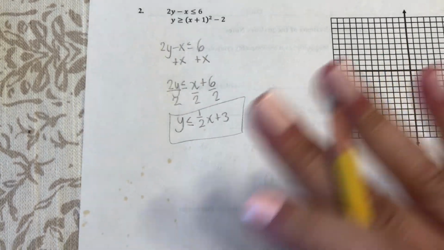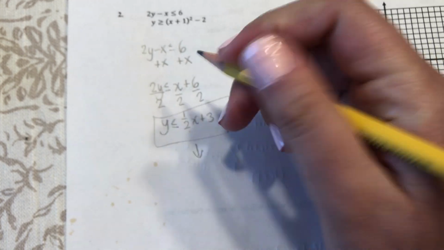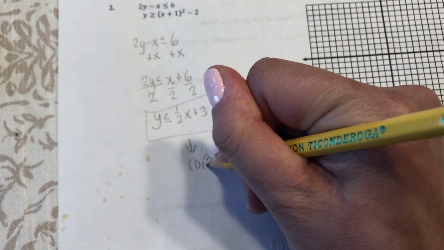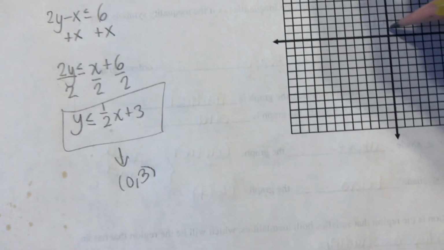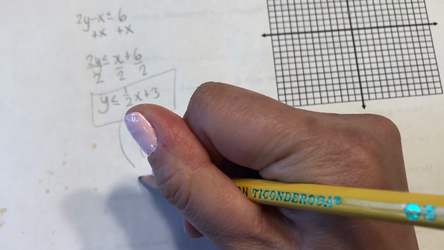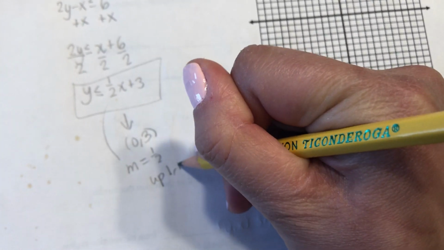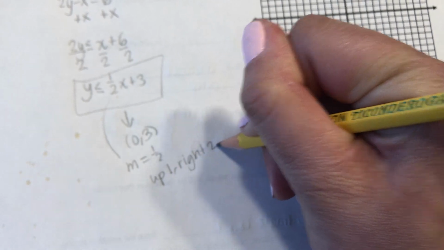As my first step, I'm just going to graph this line. Again, you can use Desmos if you want, but I'm just going to use my clues. So my b is 3. My y-intercept is 3. And the slope is 1/2. That means up 1, right 2.